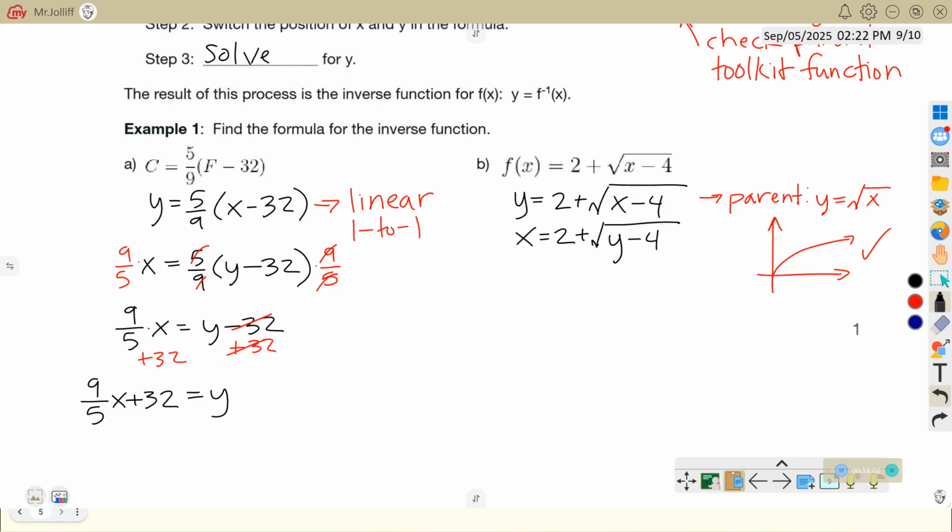Aubrey, suggestions on what we could do first? You're not wrong. We could do that. Does that look like a pretty thing to evaluate? No. Though I agree at some point we are going to have to do that. Suggestions on what we could do before that? Yeah, let's get rid of that constant hanging out in front.